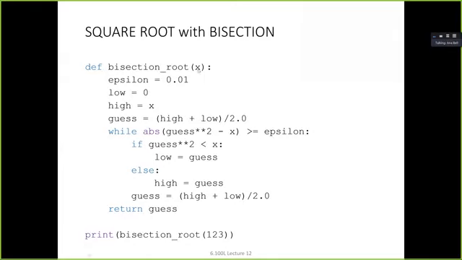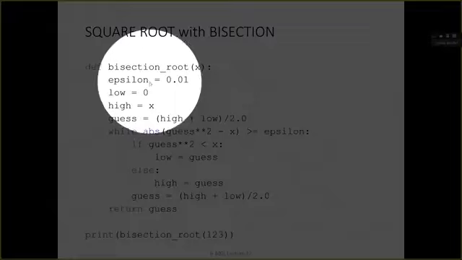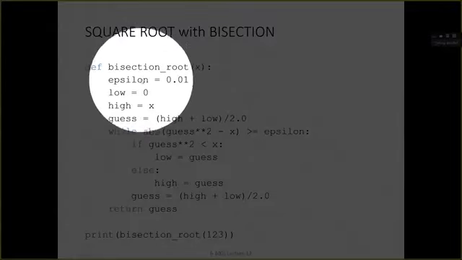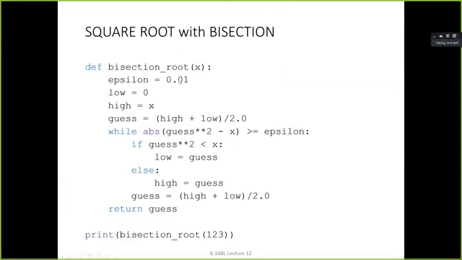And the code we're using to approximate is using the bisection search algorithm, which initializes some variables, namely epsilon, how close we want to be to the final answer, low and high endpoints, we remember that, and then an initial guess, the halfway between low and high. And then we keep making guesses between low and high, being the midpoint of low and high, as long as we're not close enough to the final answer, right?